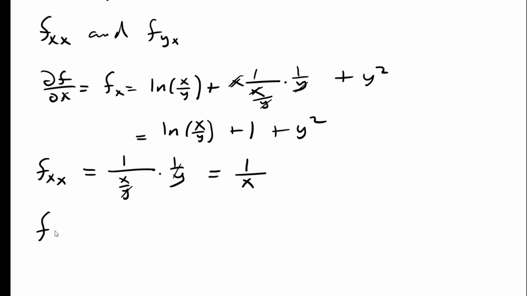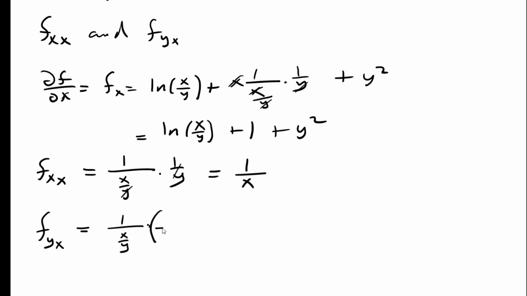And I can also compute the derivative with respect to y of the derivative with respect to x. So this is going to be, let's see, so I need to do 1 over x over y and times the derivative of what's on the inside. Now remember, this time I'm doing the derivative with respect to y.